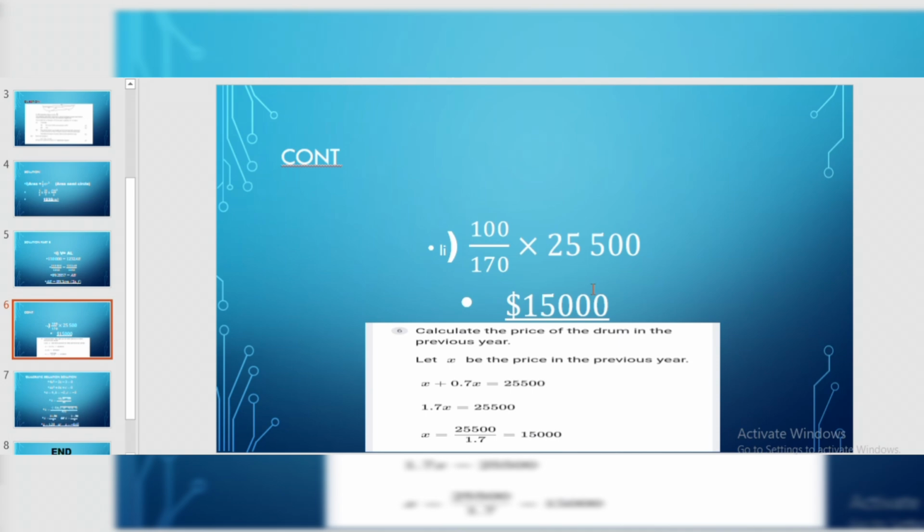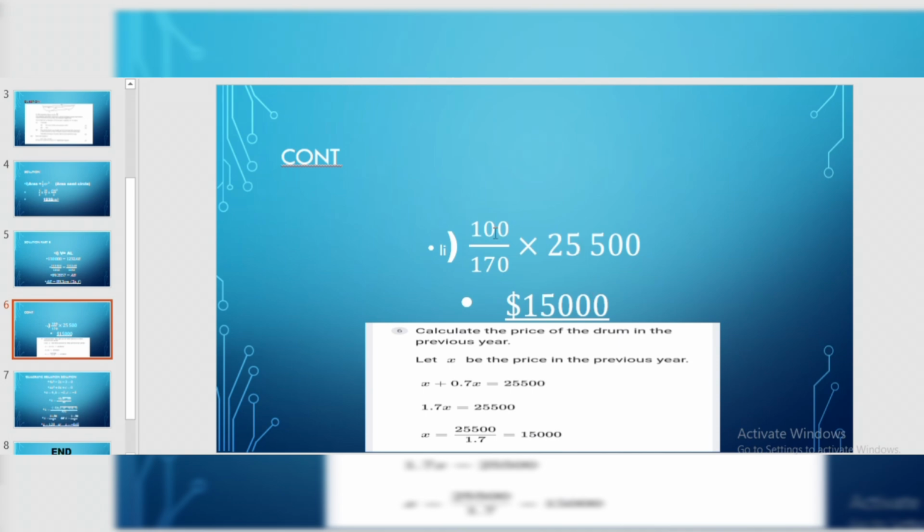You calculate the price of the drum in the previous year. For example, let x be the price in the previous year. It will be x plus 0.7 times the price of the previous year, because there was an increase, which is going to be 25,500. Then it will be 1.7x is equal to 25,500. Then your answer will become $15,000.